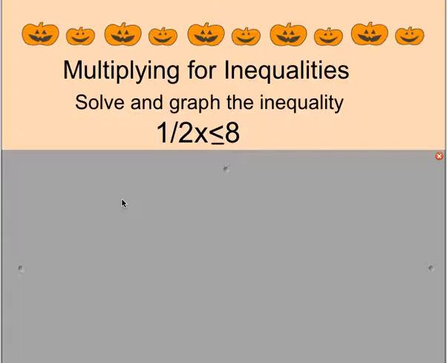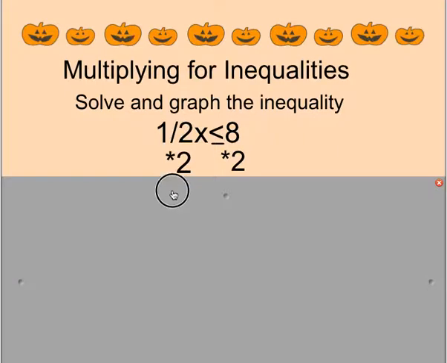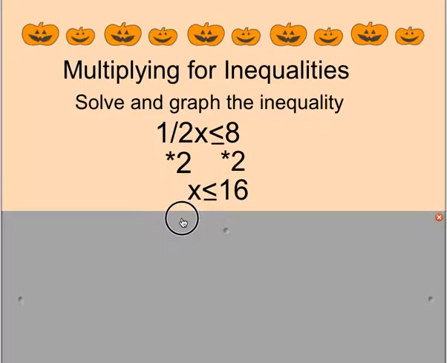So in this case, if I have 1/2 x is less than or equal to 8, because I have 1/2, I could divide by 1/2 or multiply by the reciprocal. It looks to me like multiplying by 2 would be easier to see, and we get x is less than or equal to 16.